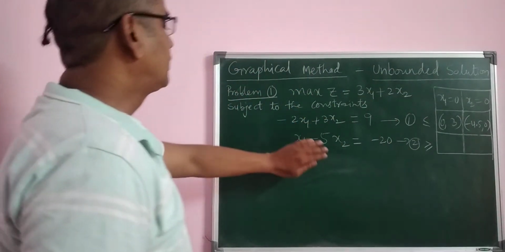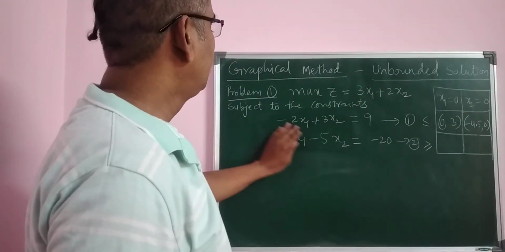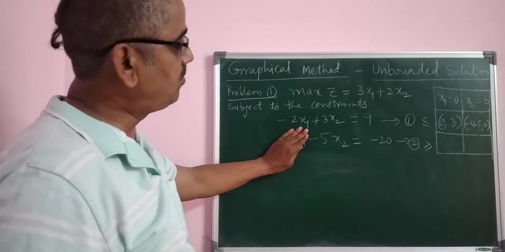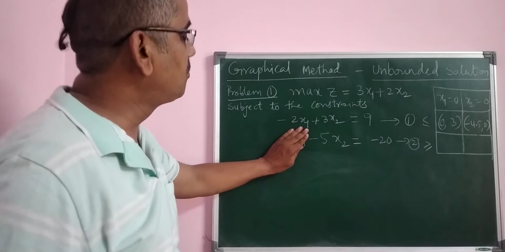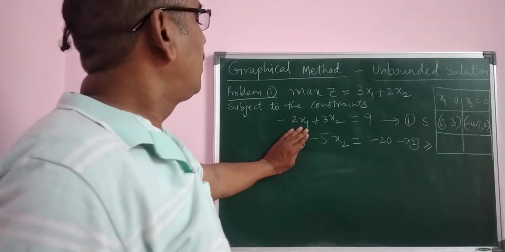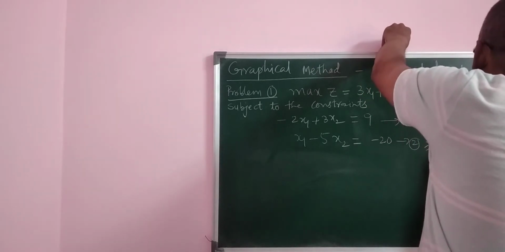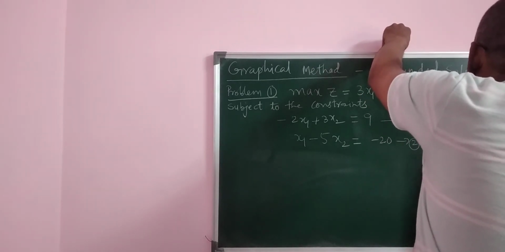Similarly, for the second equation, if x1 is equal to 0, then minus 5x2 is equal to minus 20, so the minus signs cancel. x2 is equal to 20 divided by 5, that is 4, so the point is (0, 4).